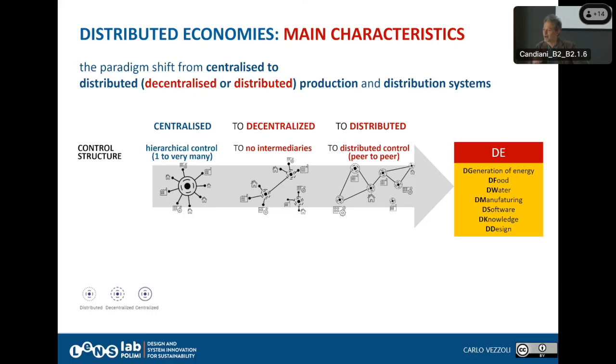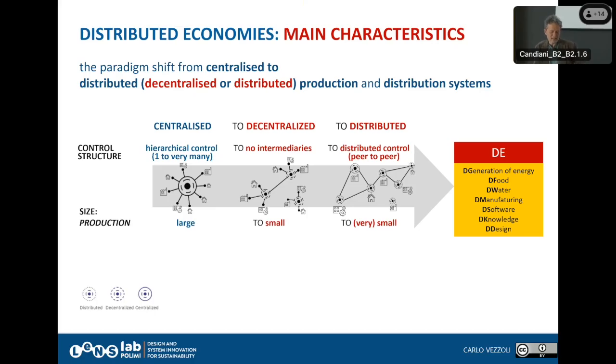So I'm producing my vegetables or the energy and so on. And here is a distributed control or peer-to-peer, when this is organized in a shared system, when we are sharing the energy or something else.